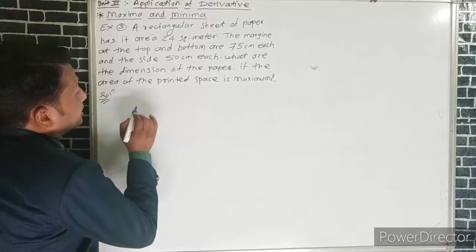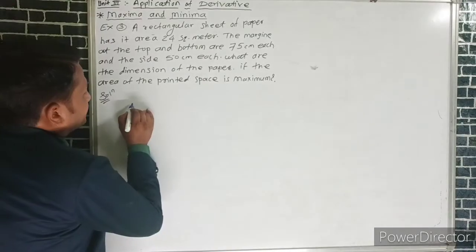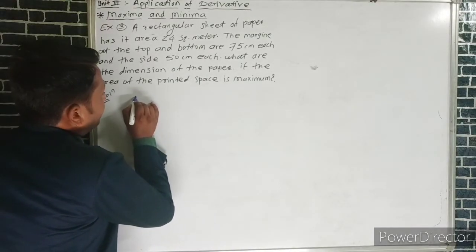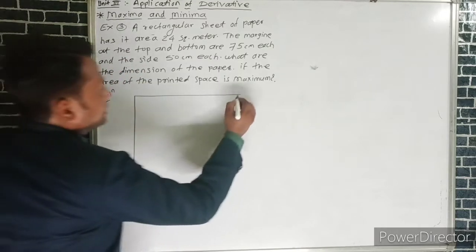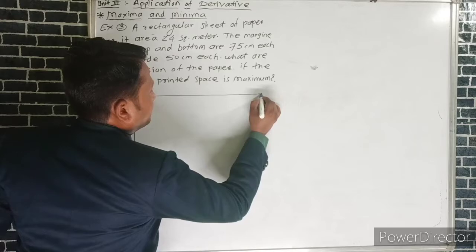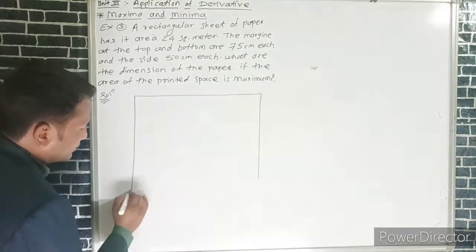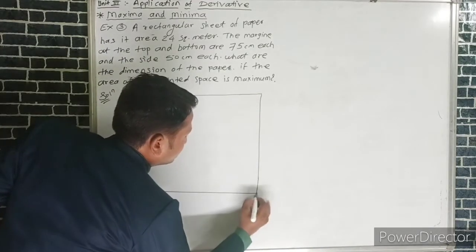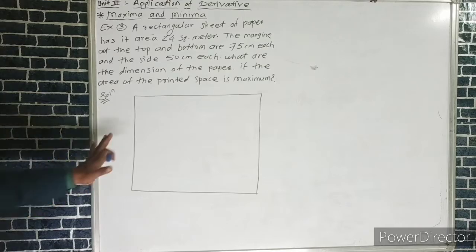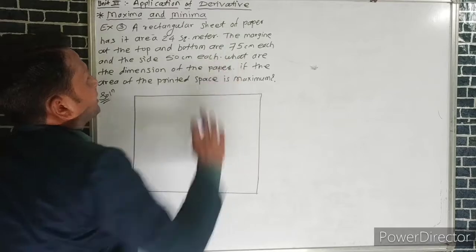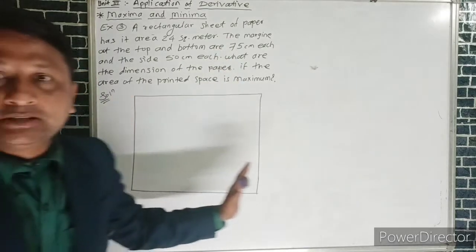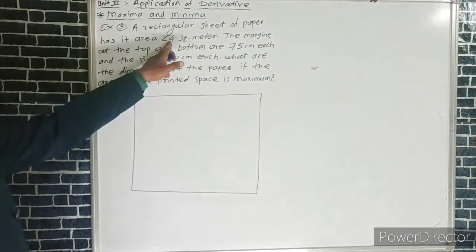If we draw the rectangular sheet of paper, the area of this rectangular sheet of paper is 24 square meter.